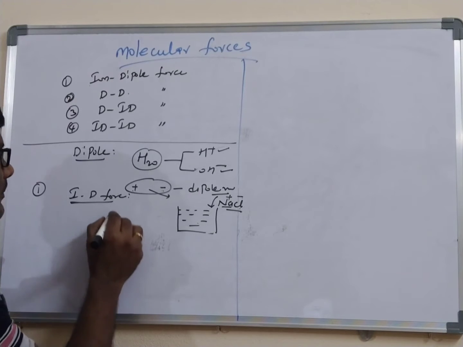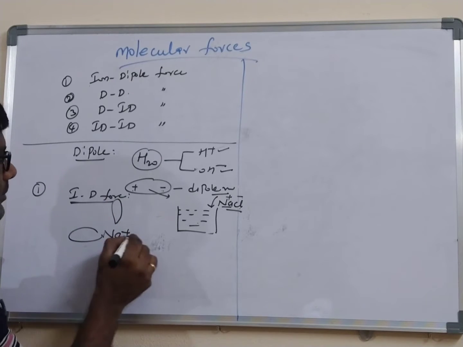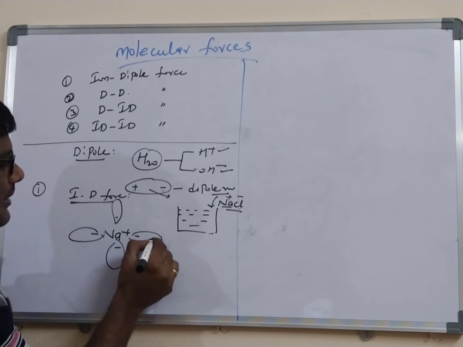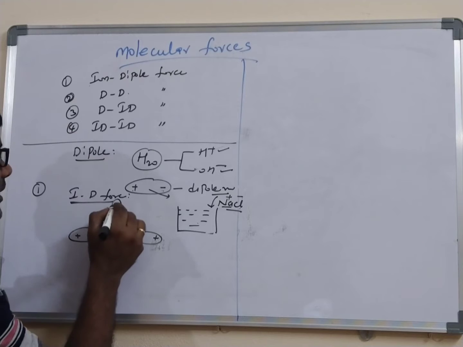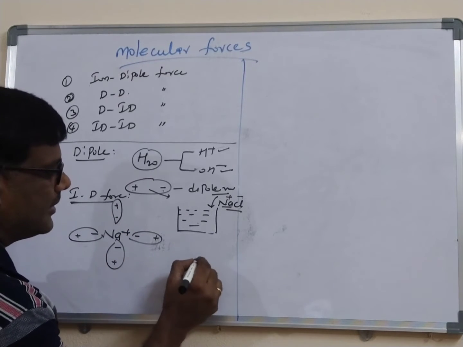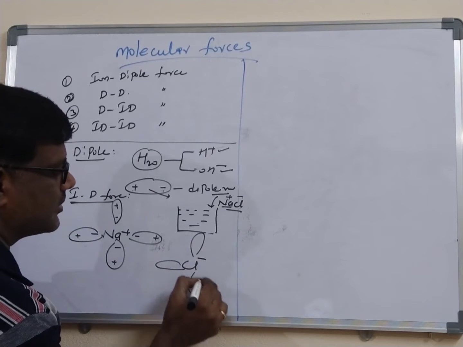I am taking the sodium plus, and these are the dipole molecules, water molecules. This end will be the negative, and this end will be the positive. Now look here. The positive ion moves to the negative end of the dipole. The negative ion moves to the positive end of the dipole.